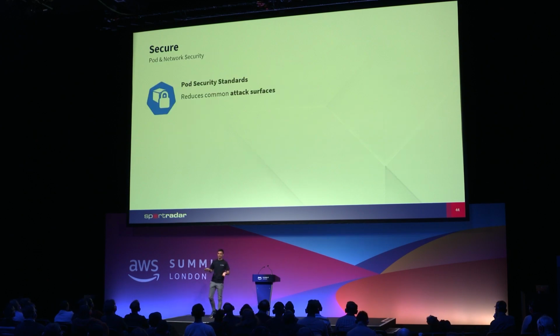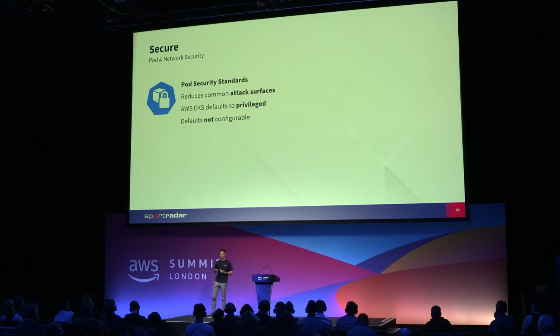So based on the initial ask from Ollie, a lot of you here are already familiar with Kubernetes, and pod security standards are really a basic Kubernetes construct that just helps you limit the capabilities of your workloads. And this helps in reducing some common attack surfaces like privilege escalation. But this was a challenge for us because EKS defaulted to using a privileged profile from the beginning.